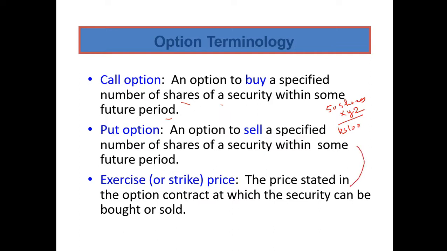This is the strike price or exercise price. Let us say it is for 1 month, T plus 1. One has bought a call option on 50 shares at 100 rupees.